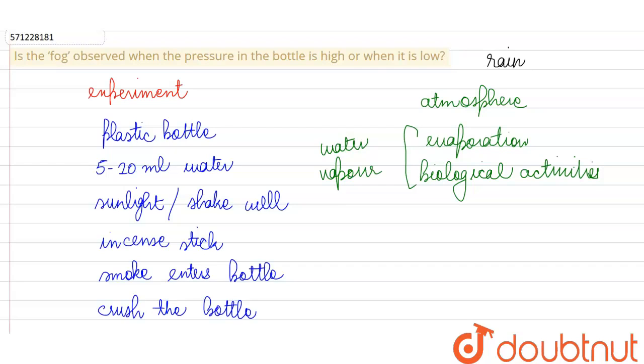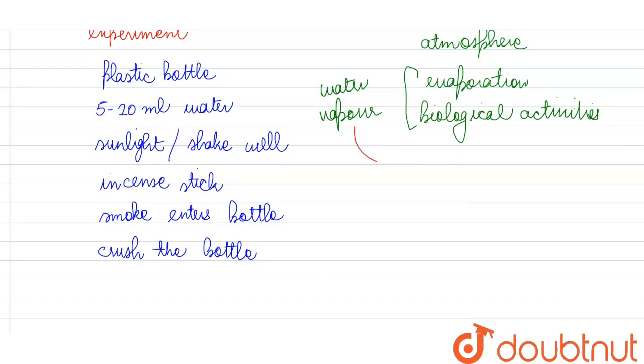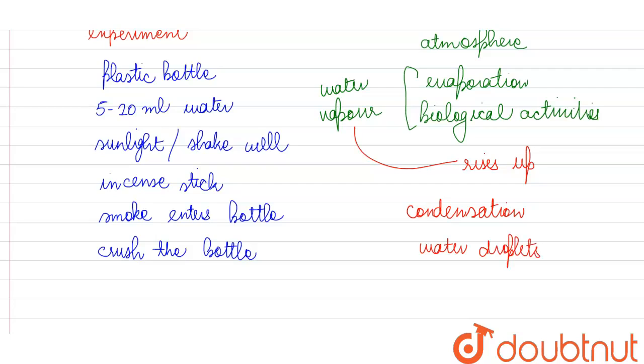And being light, this water vapor rises up in the atmosphere. It goes to a higher level. And after rising up, because it is cooler, the temperature is lesser, this water vapor starts cooling down and condensing to form water droplets. That is, from gaseous state, this water starts turning into the liquid state.